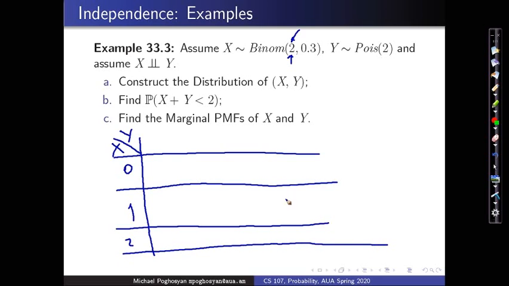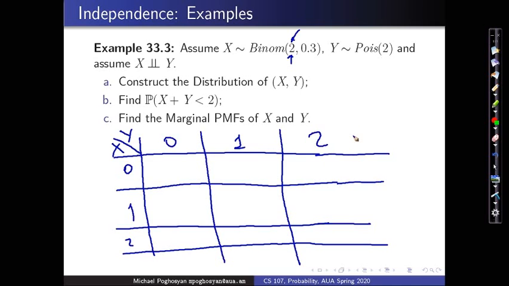Now the values of Y. Y is Poisson, so Y can take the values 0, 1, 2, etc. Now I need to fill this infinite table with the joint PMF probabilities. Because I know that X and Y are independent, I can fill this using the individual PMFs.